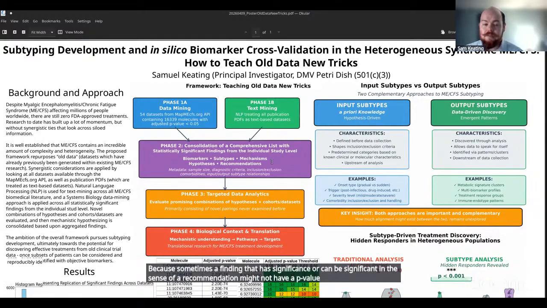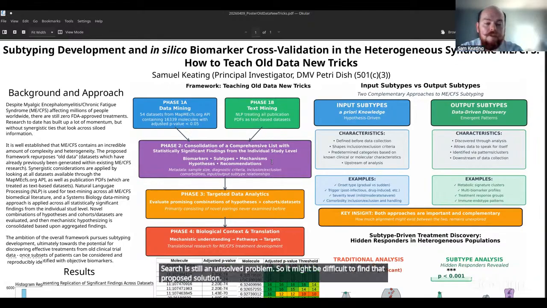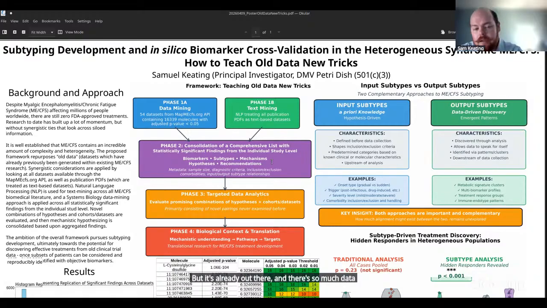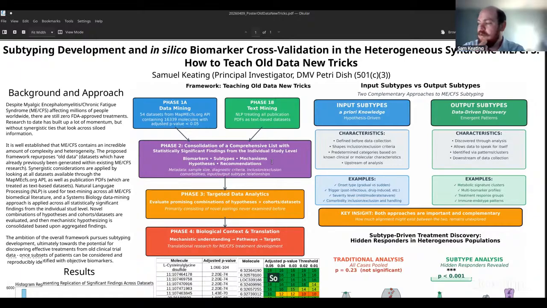But if someone's made a recommendation that they've already pushed to the public or just general biomedical literature, search is still an unsolved problem. So it might be difficult to find that proposed solution, but it's already out there. And there's so much data in the early layers that still needs to be consolidated into more coherent, more streamlined layers.